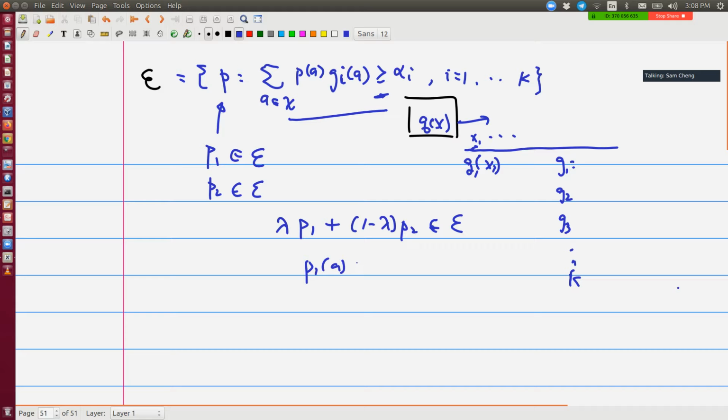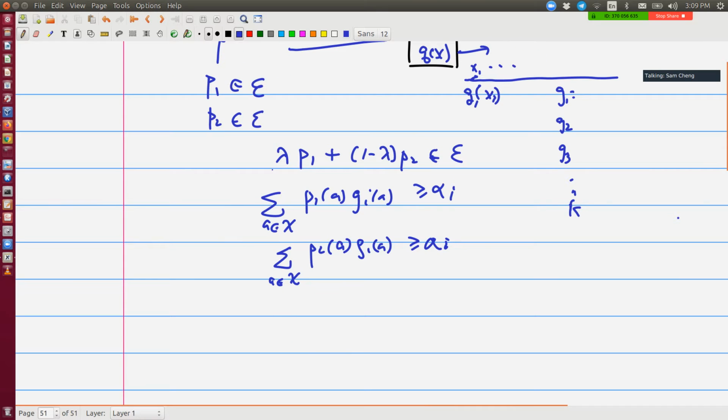So if P1 satisfies this, basically the sum of P1(a) g_i(a) over x is bigger than alpha_i, because P1 is inside E, right? So it satisfies this, and P2 also satisfies this.